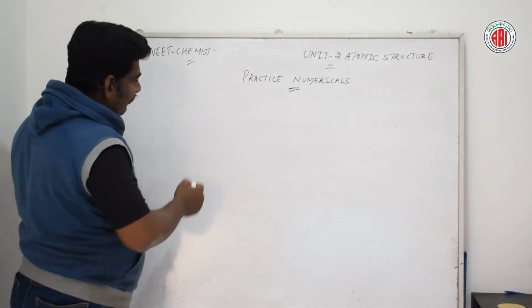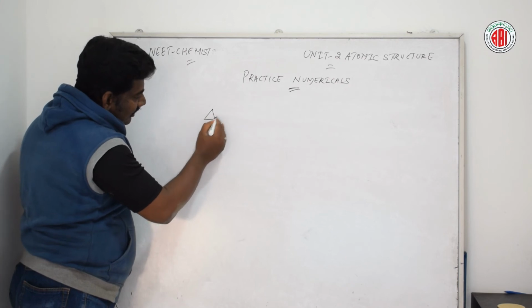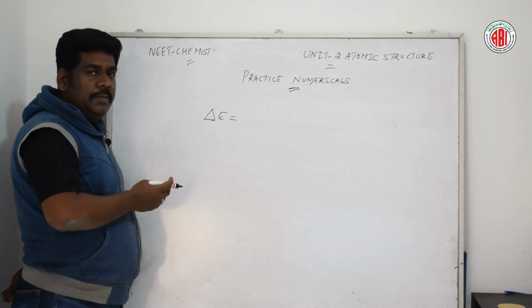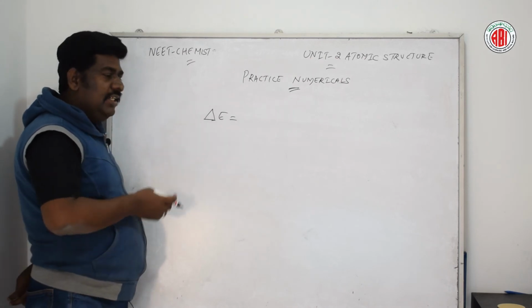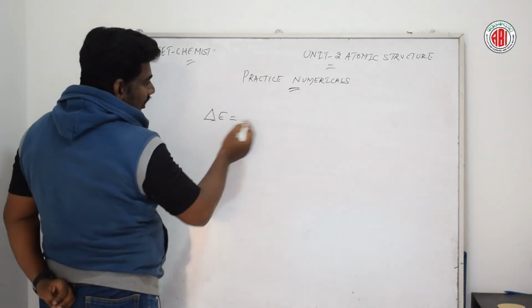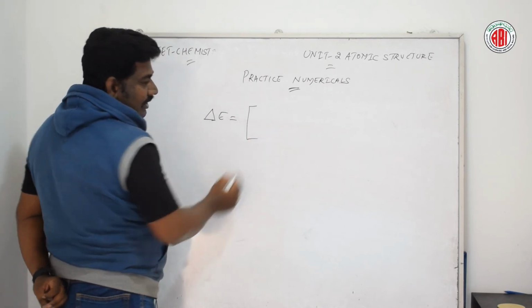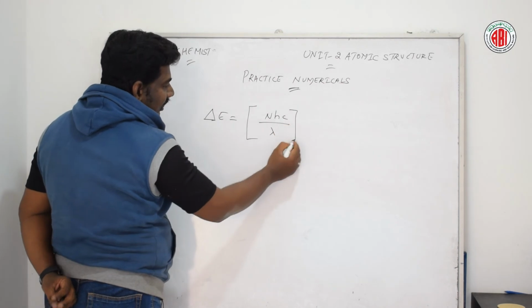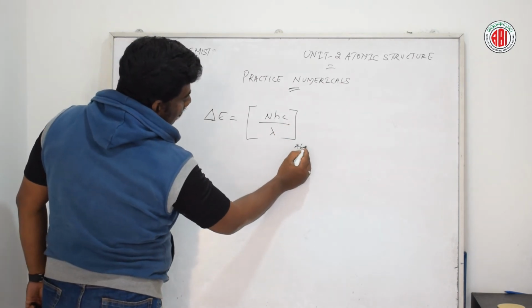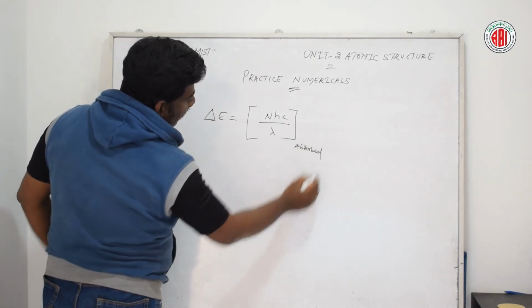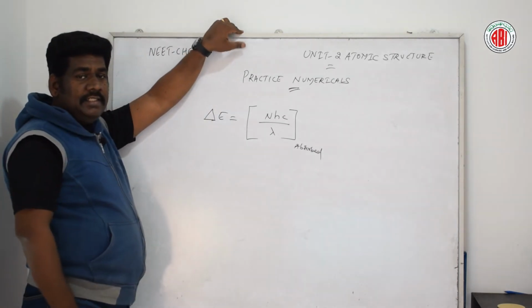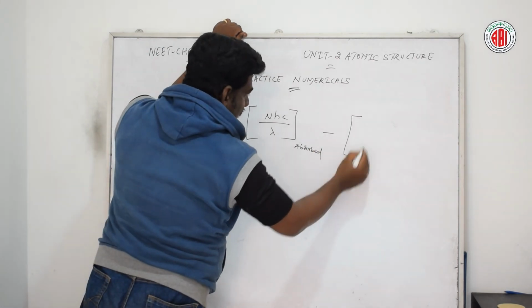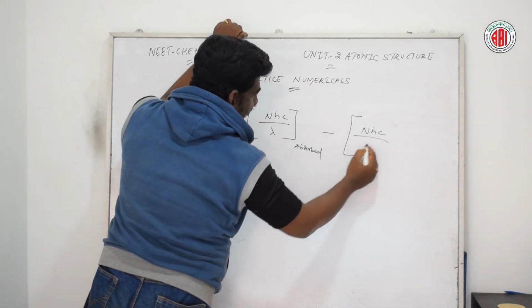According to this question, we are going to find the change in energy, delta E, the difference between the absorbed energy and the evolved energy during photosynthesis. So according to this, N h c by lambda is nothing but the absorbed energy. This is to be subtracted from the evolved energy, minus N h c by lambda.